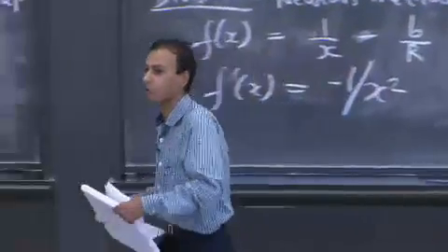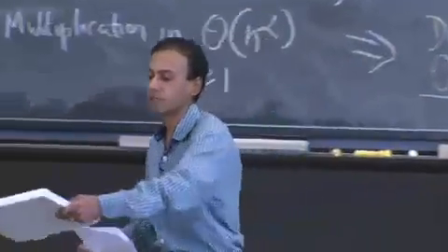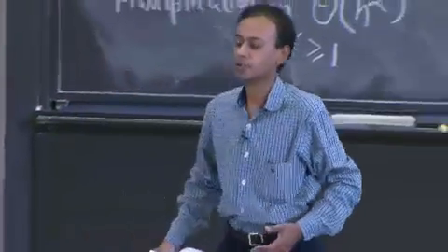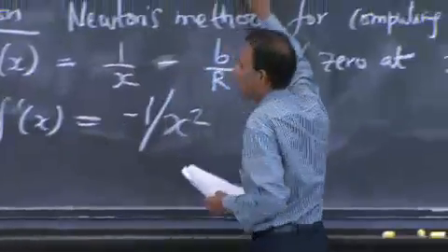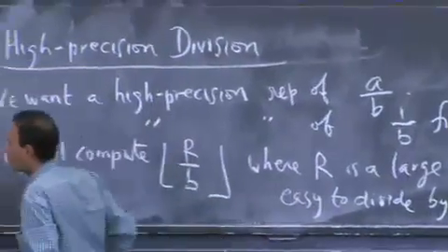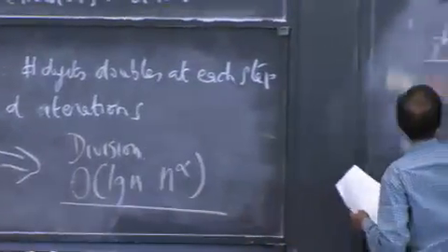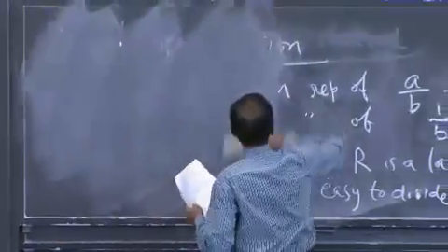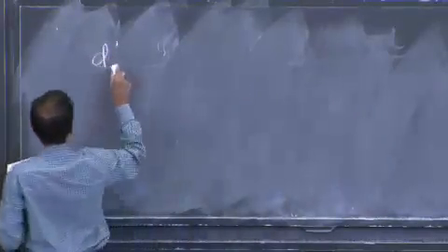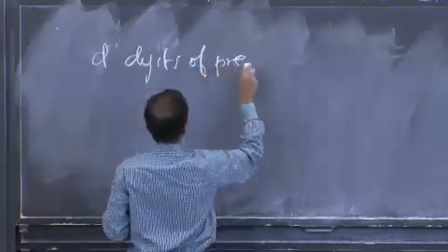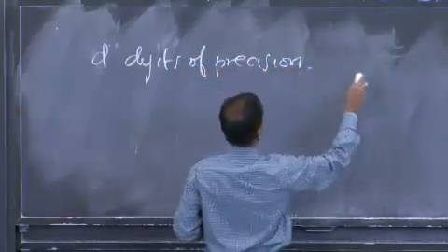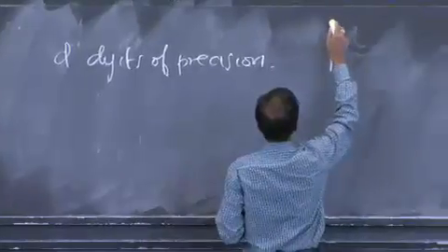But now I want you, or someone else, to tell me what the iteration looks like. So here's the key observation. The key observation is that if I want d digits of precision, I'm going to start with maybe 1 digit of precision.